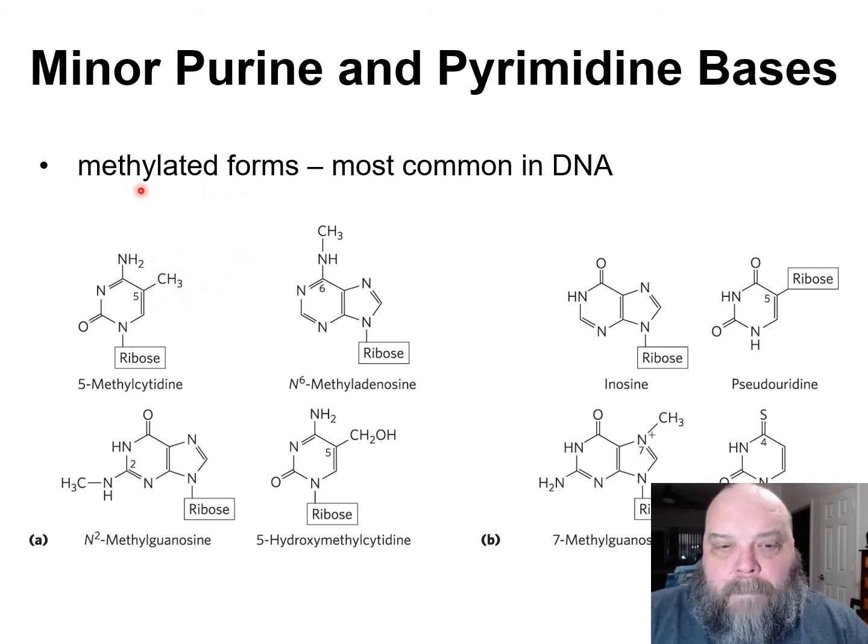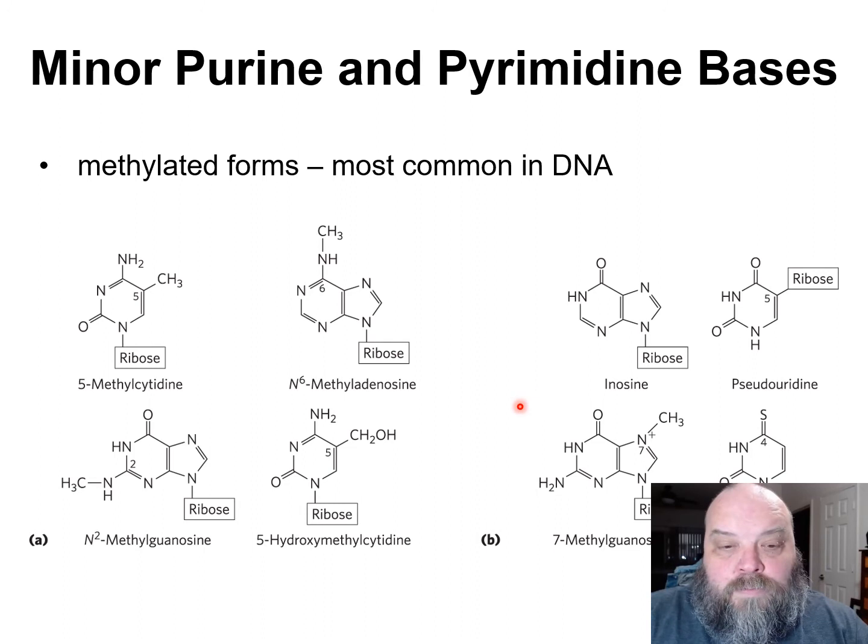We call this methylation, or the methylated form of the DNA bases. The nitrogenous base is similar to what we've seen on the past few slides. It's just that a methyl group will be added somewhere on there.